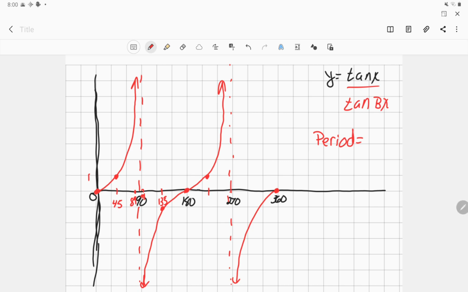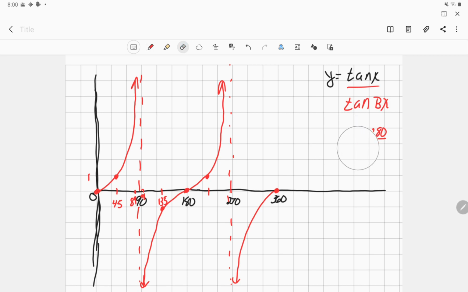However, one cycle in tan only takes 180 degrees. If you look, one asymptote is at 90, the next asymptote is at 270. That's a distance of 180 degrees. So your period would be 180 over B. So rather than 360 over B, you do 180 over B. So that really is the only difference.